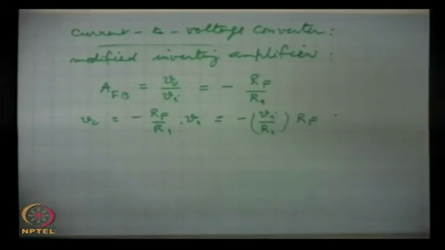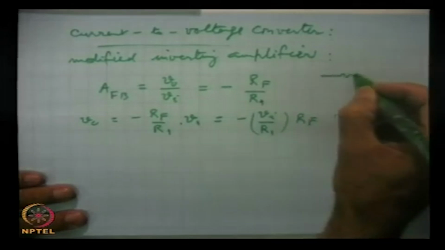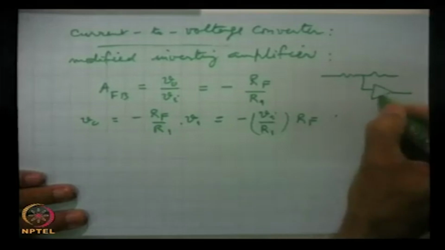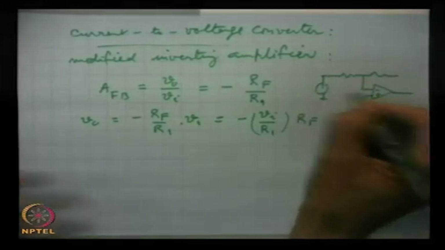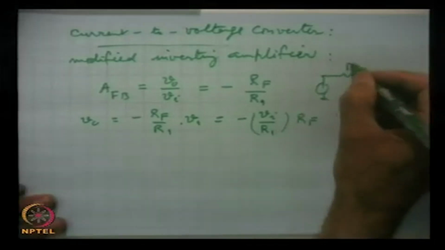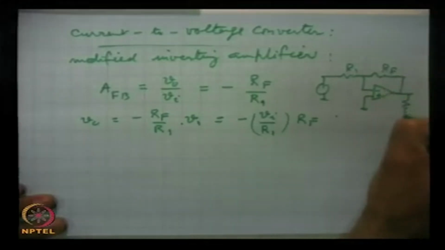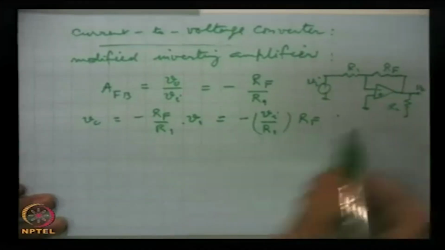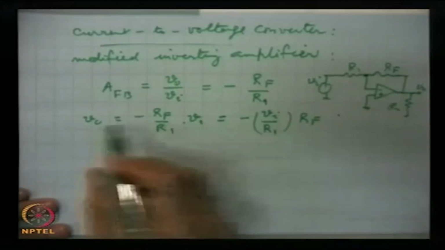Now, V2 is 0 here. This was the total amplifier, and now what we are saying, this is the virtual ground V2.